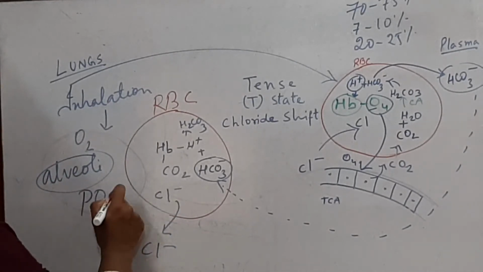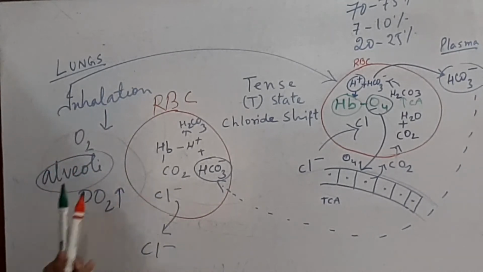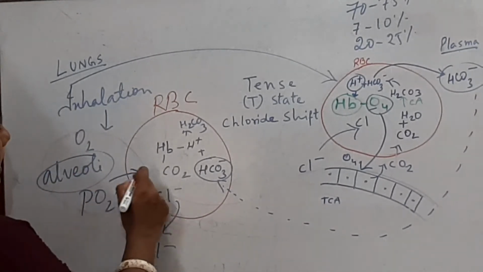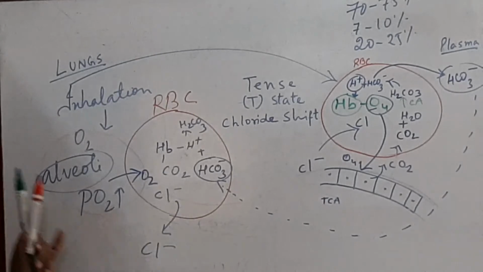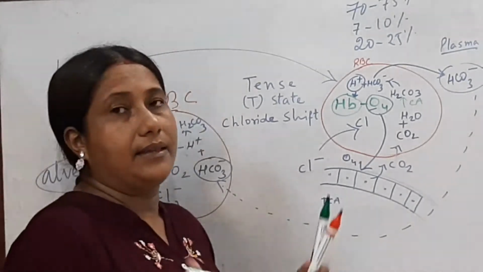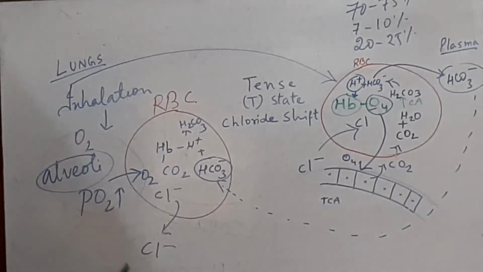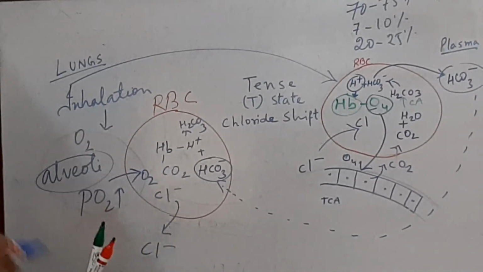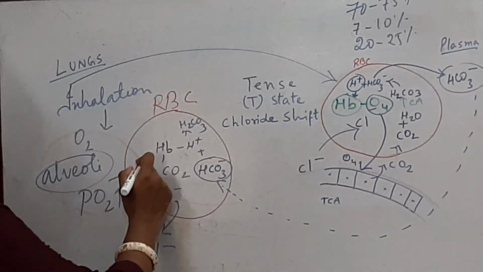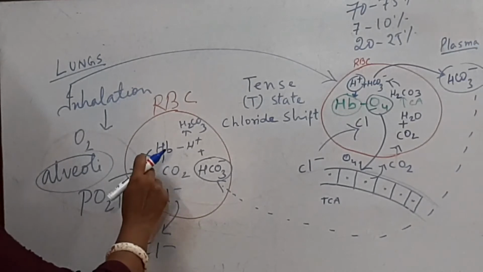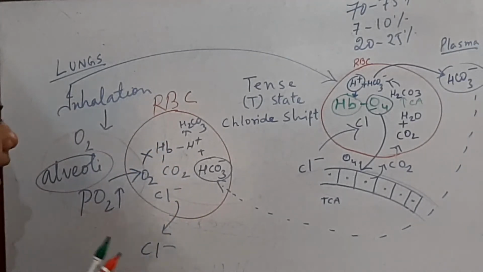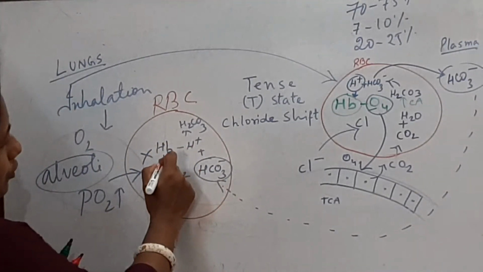PO2 is high. As the PO2 is high in the alveoli, the oxygen diffuses inside the RBC. The partial pressure of the oxygen is nearly 90 to 100 millimeter of mercury. So this high partial pressure of oxygen is enough to bind the oxygen with the hemoglobin. The hemoglobin binds with the oxygen and dissociates the carbon dioxide which was bound to it.